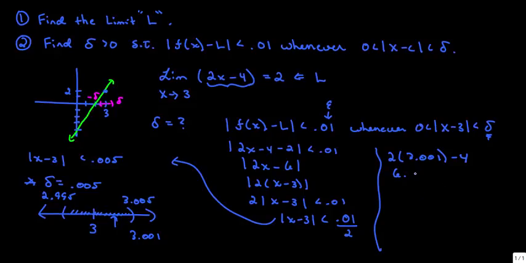That's 6.002 minus 4, which is 2.002. The distance between this and the value 2 is 0.002, and 0.002 is certainly less than 0.01. So all this says is that if you pick a value in here, its distance from 2, when I plug it into the function, will be less than 0.01.